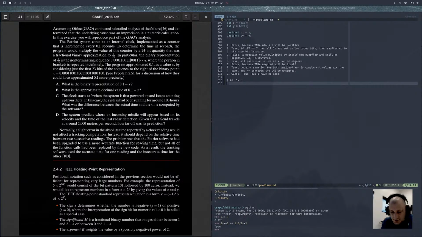In particular, the binary representation of 1/10 is a non-terminating sequence, where the portion in brackets is repeated indefinitely. The program approximated 0.1 as a value x by considering just the first 23 bits of the sequence to the right of the binary point.